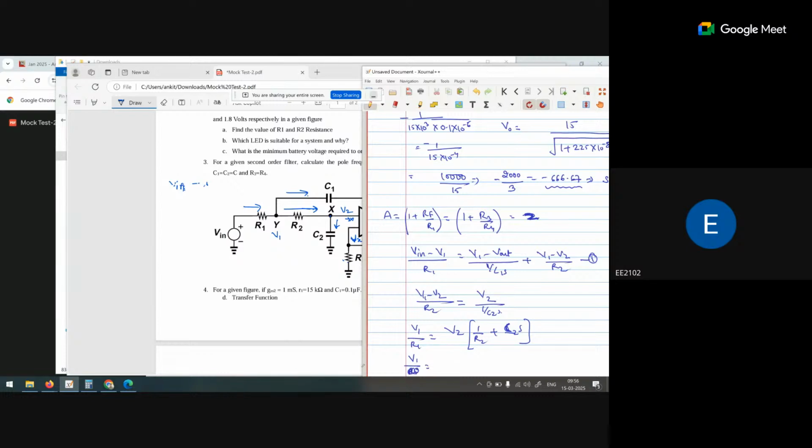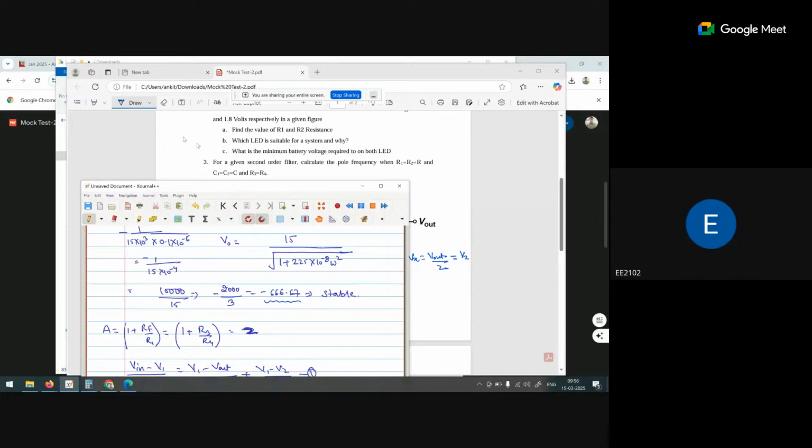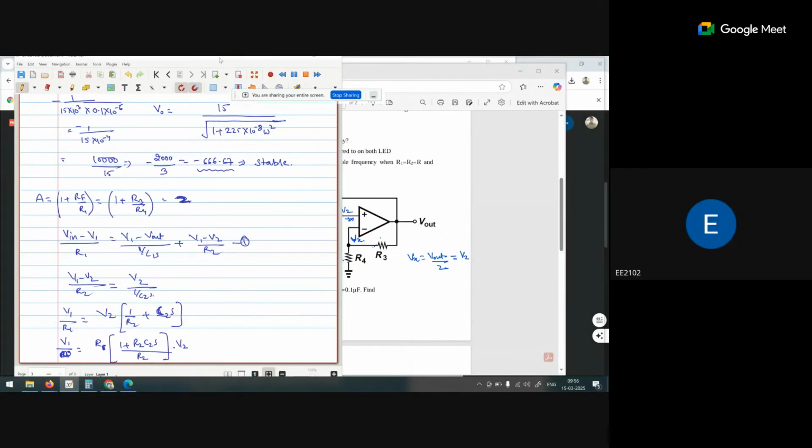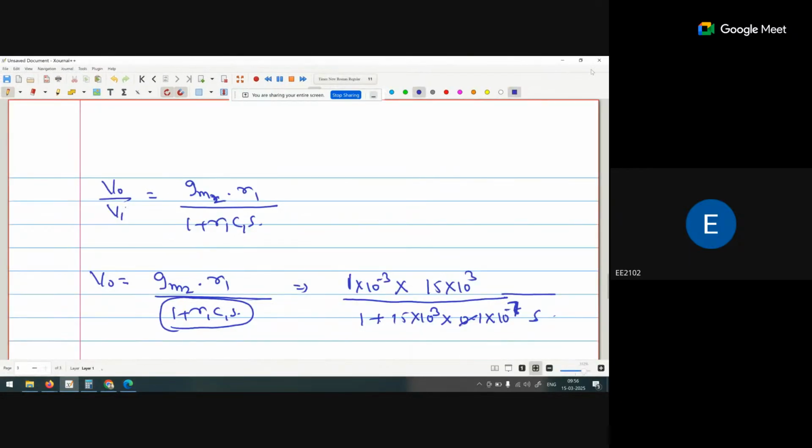I can write V1 is equal to R1. R2 is the LCM, so 1 plus R2 C2s times V2. And what is V2? It is V out by 2.